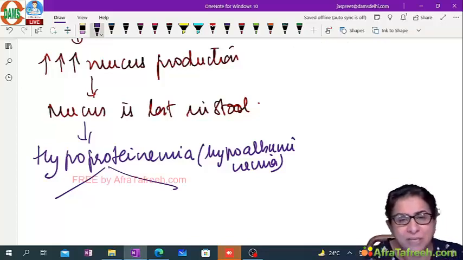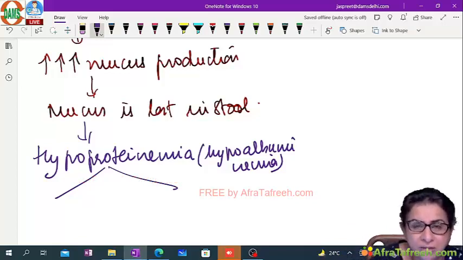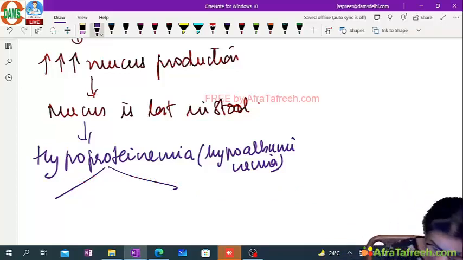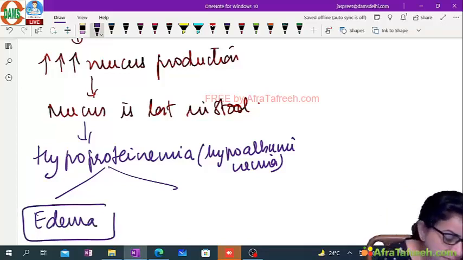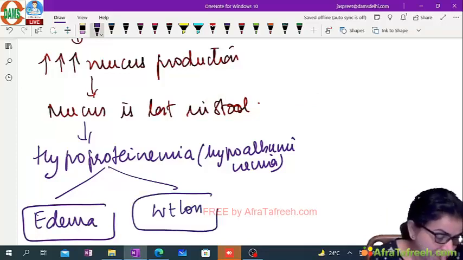So if the albumin level falls, water will go out of the blood vessels into the extravascular space. That results in edema, so these patients develop edema. Also they develop weight loss, because they are losing so much protein.